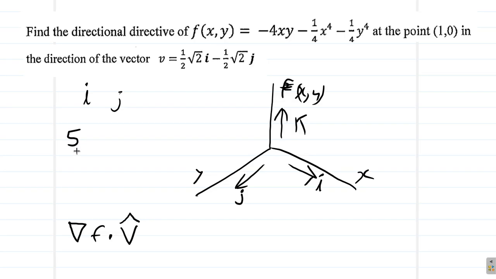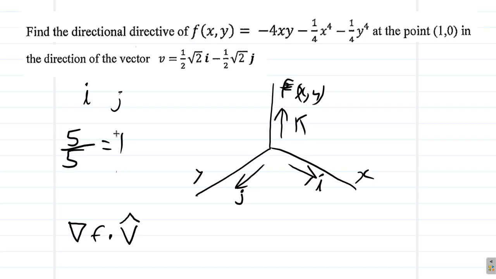If you have 5 and you want the unit number, which is what? It's 1. You divide it by the magnitude of 5. 5 over 5 is 1. And any number you multiply by 1 gives you back the same number.